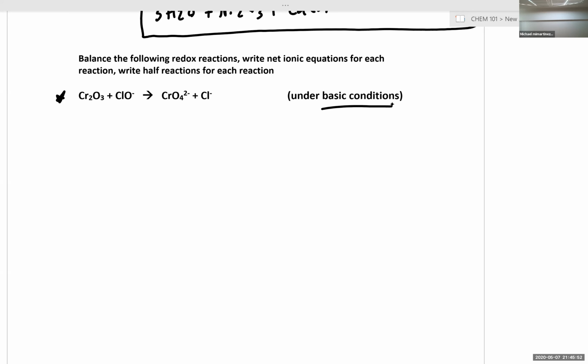And don't be shy to message in the chat any questions you have or any proposed half reactions that you've generated so far. And we'll discuss in about 2 to 3 more minutes.